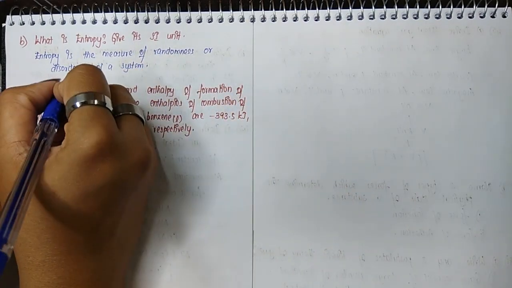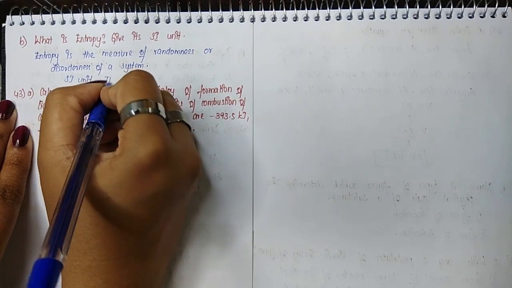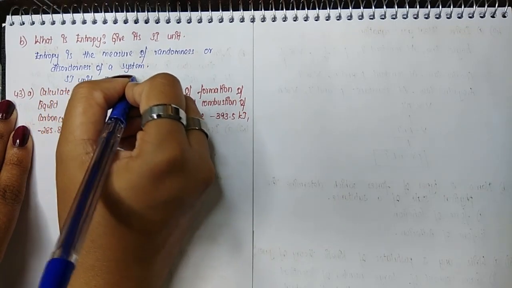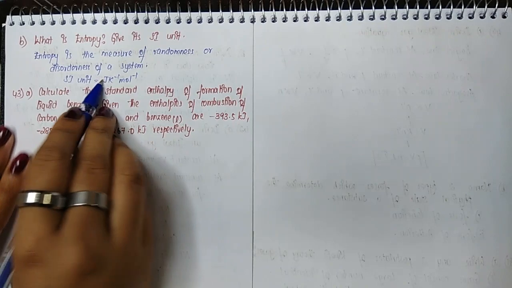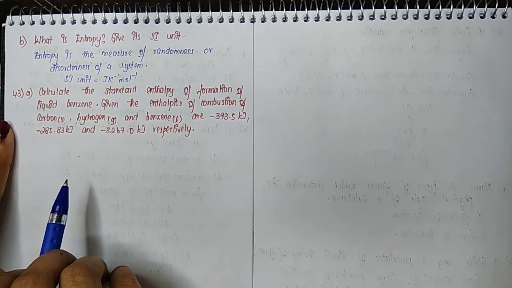SI unit of entropy is Joule per Kelvin per mole. They're all energy terms. So you'll have Joule per Kelvin per mole as SI unit of entropy.